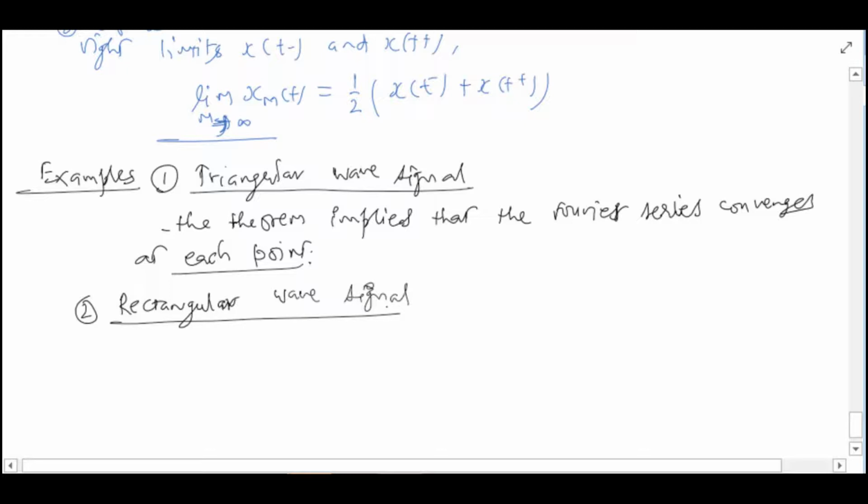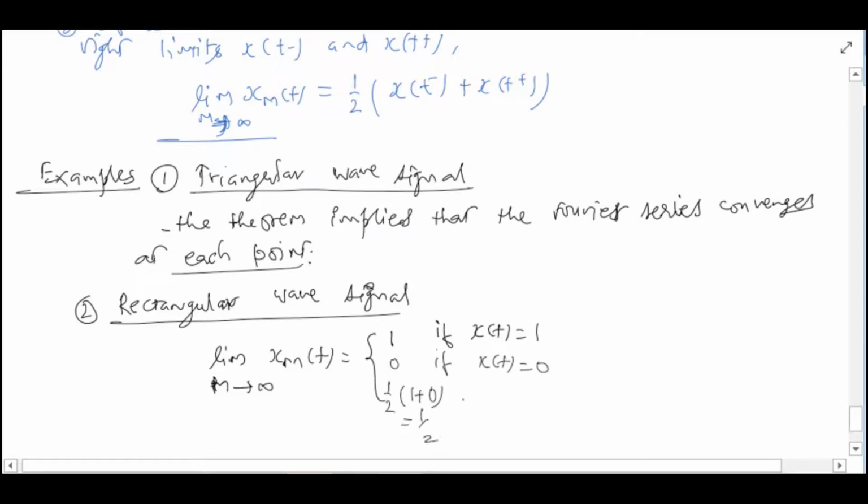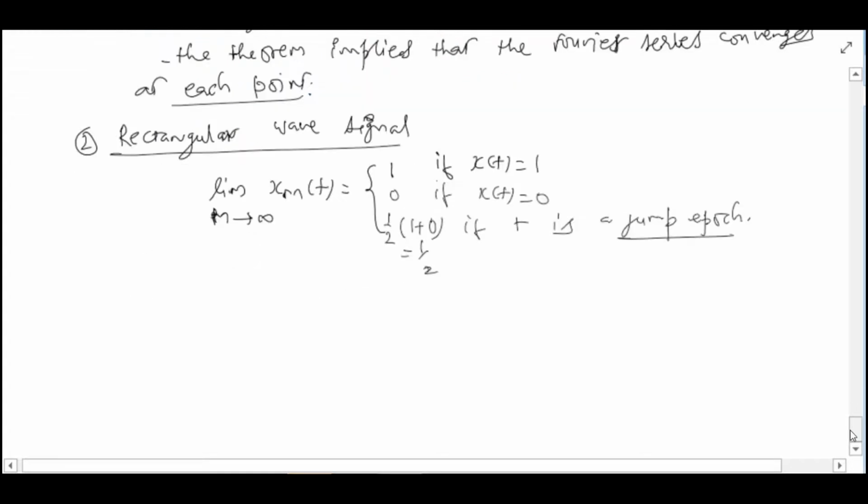Then the above theorem implies that the limit as m tends to infinity of x_m(t) will be the same as x(t), that is 1 if x(t) is 1, 0 if x(t) is 0, and it will be half of 1 plus 0, that is half, if t is a jump instant, what we call a jump epoch. So this is about convergence of Fourier series.